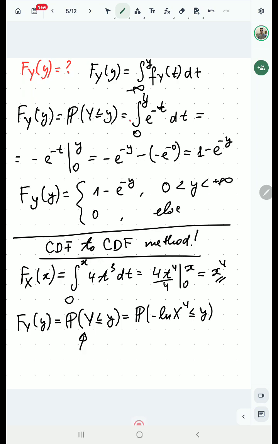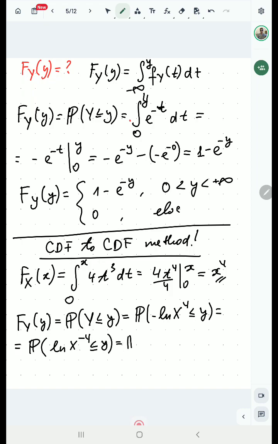Right? If that is the case, to be more clear, we can say that this is nothing but ln x to the power minus 4 being less than or equal to y.